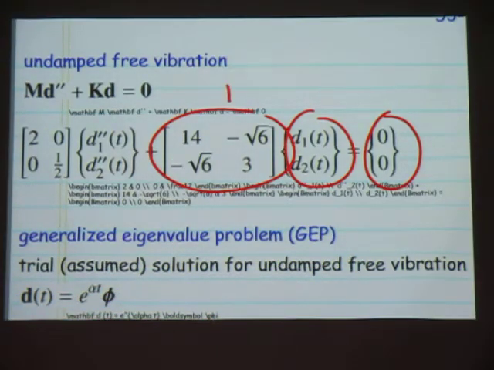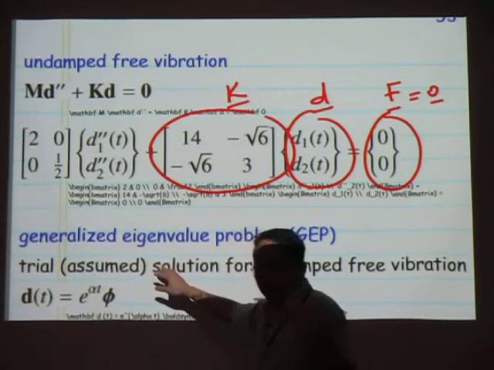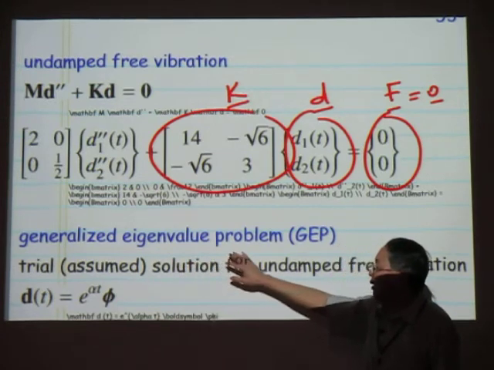So this is K, D, and F is set to 0. Now the next step is to obtain what is called the generalized eigenvalue problem. So now we are getting into the eigenvalue problem here.